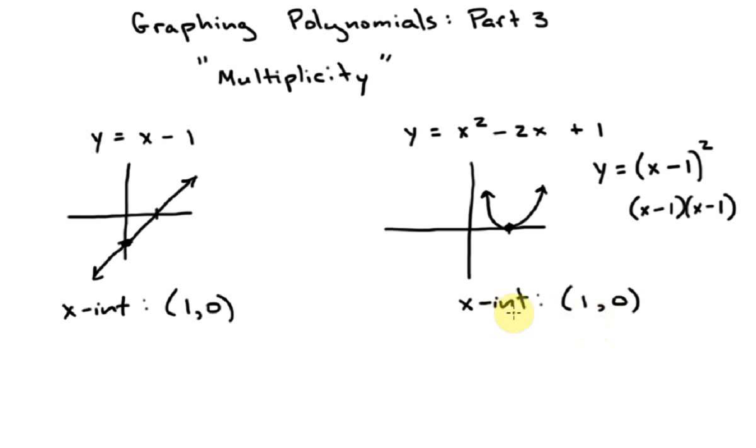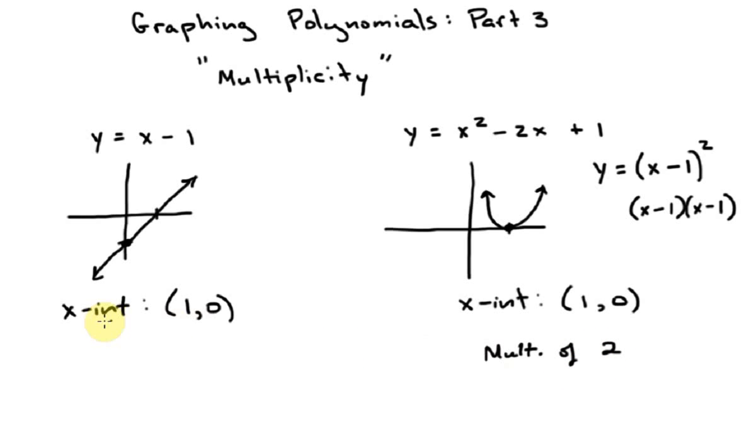They just happen to be the same. So when we say that the x-intercept is (1, 0), if you look at it over here, it's kind of like saying we've got an x-intercept of 1 and another x-intercept of 1. So yes, there's actually more than one x-intercept floating around. It's a repeated root is what we say. Even though technically there is only one root, it is a repeated root, so we say that it has a multiplicity of 2.